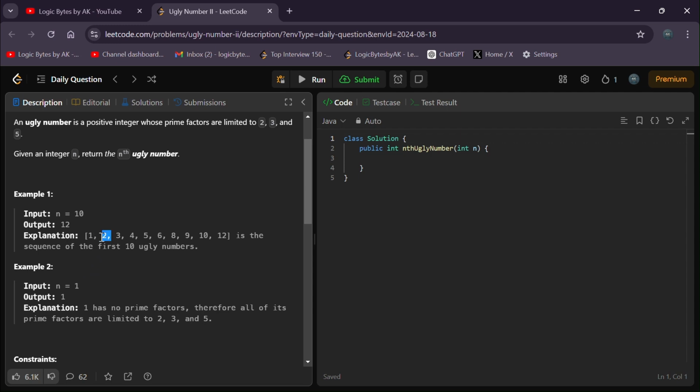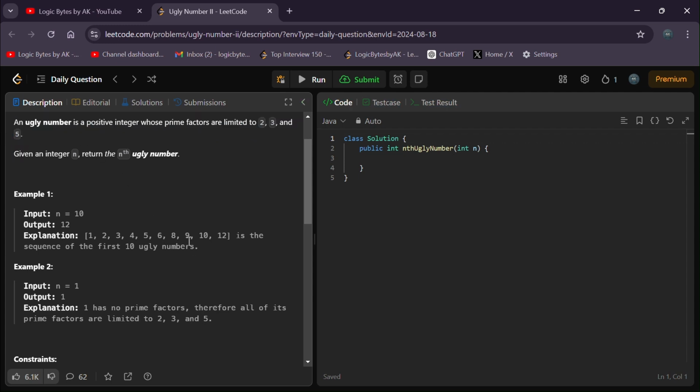For 2 the prime factor is 2, for 3 it's 3 itself, for 4 it's 2, for 5 it's 5, and for 6 the prime factors are 2 and 3, which are limited to 2, 3 and 5. For 7, what is the prime factor? 7, so it exceeded 5, and we should not consider a number whose prime factor is greater than 5.